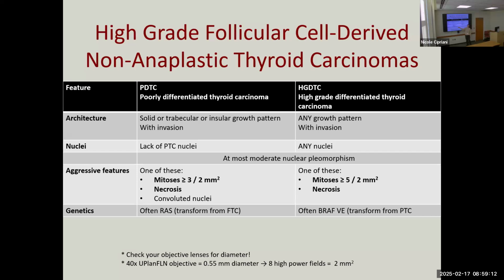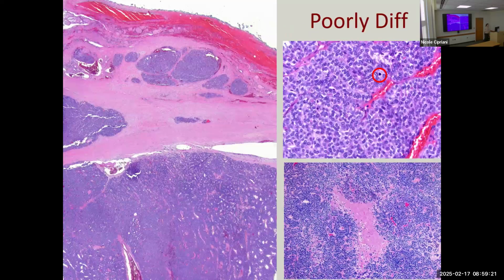The conventional poorly differentiated carcinomas are generally those that are RAS-driven, and the conventional high-grade differentiated are generally those that arise from a PTC. So on low power, when you see something super blue that has like 0 colloid and is very solid and has mitoses and necrosis, that is the conventional poorly differentiated thyroid carcinoma. So in thyroid, unlike in other organs, there's a well diff, a moderately diff, a poorly diff.